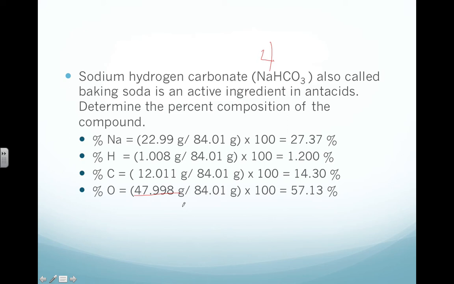You don't want to just take the mass of one element if there is a subscript of 3, okay? And if you add up all the percents, they should equal 100. If they don't, you probably did something wrong and you want to double check your answer. So this is a good way to check whether or not you did it correctly.